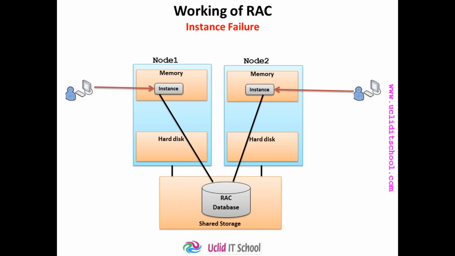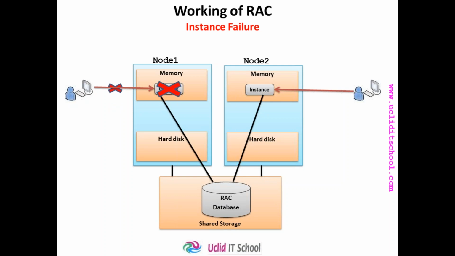Now, in this scenario, there is some instance failure. Say my first instance failed, right? So what happens to your database? What happens to clients? First of all, when this instance fails, who is affected? Only the clients that are connected to that failed instance.